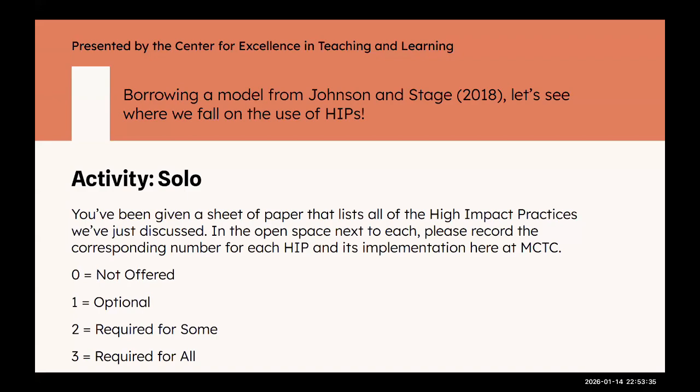So for example, I'm going to go ahead and give you the answer to the first one. Do we have a first year seminar? Yeah. Is it required for everybody? No. So that one would be a 2, right? So you're going to fill these out and don't do it individually right now. If you're looking at one and you're like, I don't know if we do that, hold on to that.